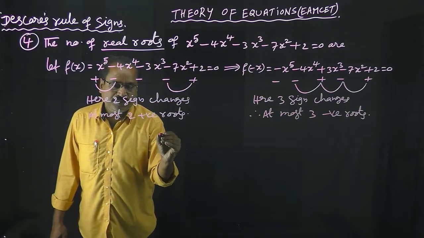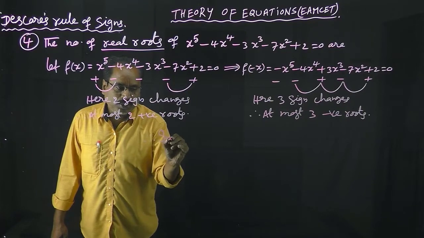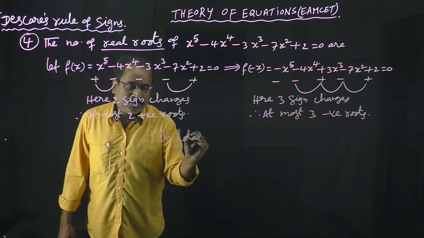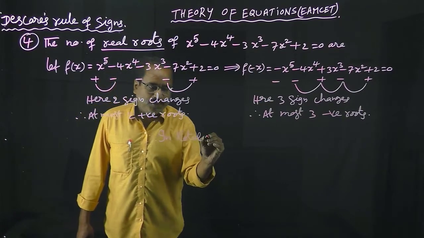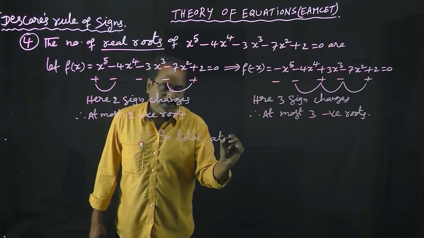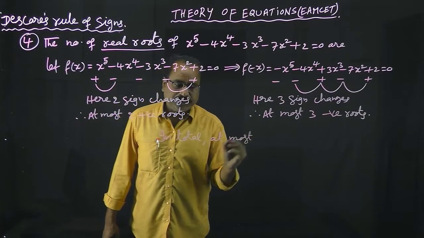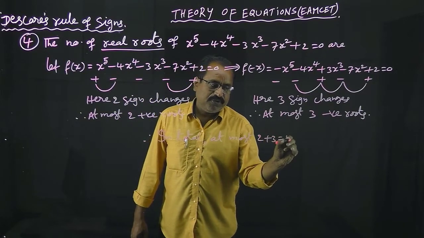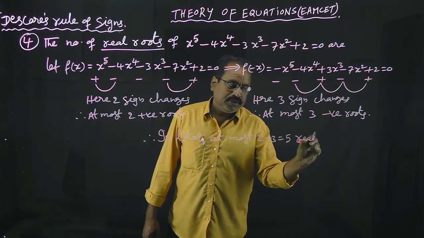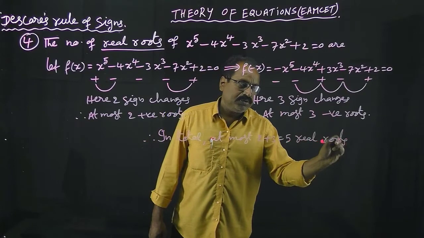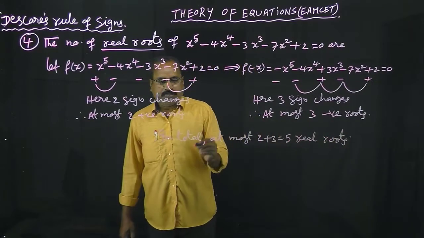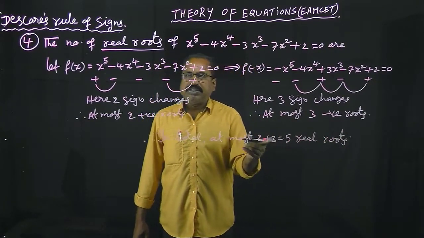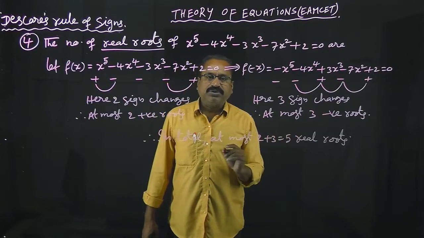Therefore, in total, at most 2 plus 3, that is equal to 5 real roots.